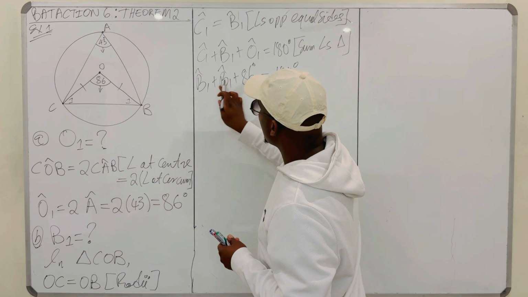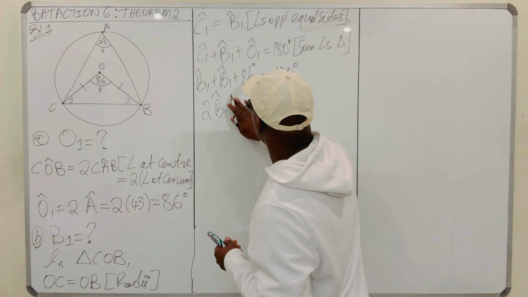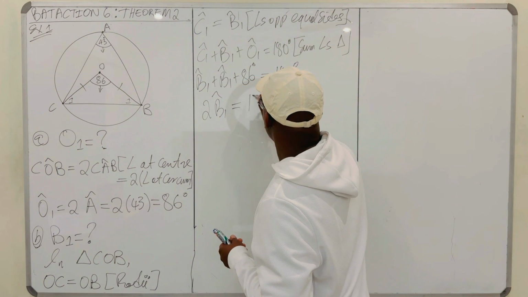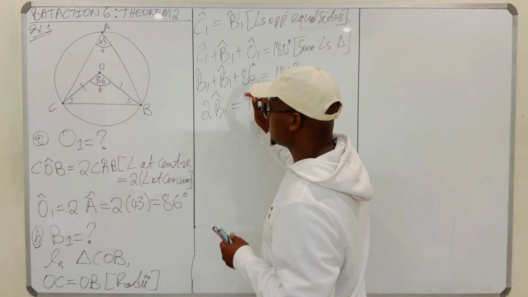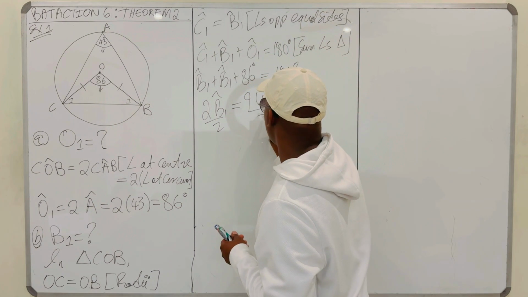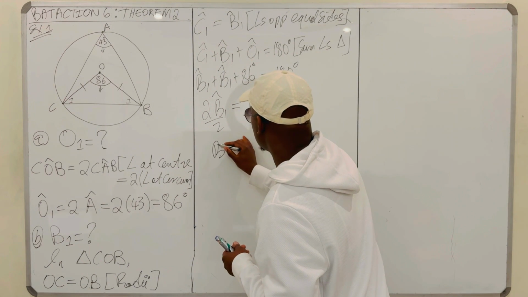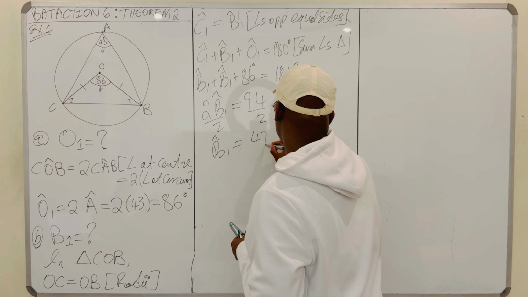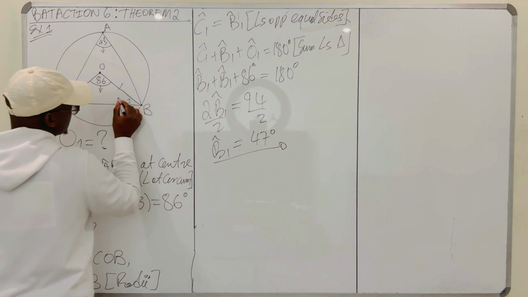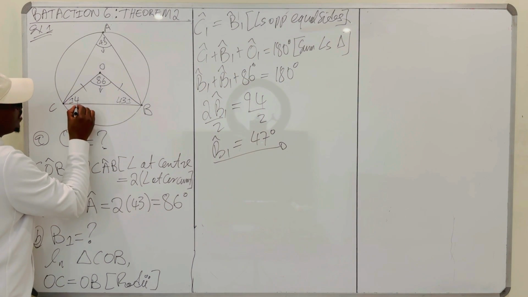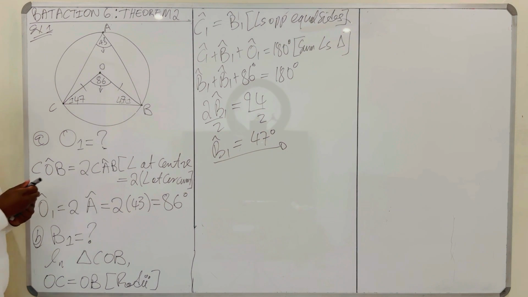Then twice B1 is equal to 94, because you say 180 minus 86. Then divide by 2, divide by 2. What do you get? Your B1 is equal to 47 degrees, and so is your C1, 47. Yes. There they are.